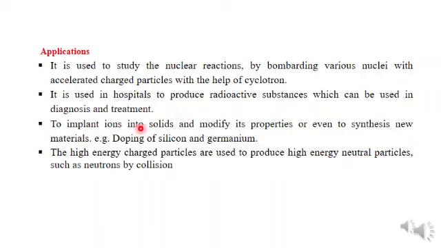To implant ions into the solids and modify its properties or even to synthesize new elements, we are using this application. The high energy charged particles are used to produce high energy neutral particles such as neutrons by collision.